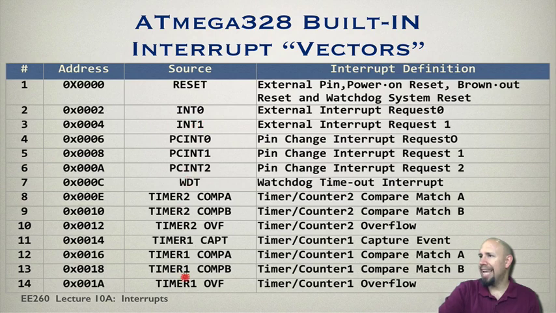So this is kind of their name. For example, timer 2 compare match A, timer 2 compare match B, and so forth. PC interrupt 0, PC interrupt 1, PC interrupt 2, watchdog timer. Here are int 0 and int 1. You can see how closely tied they are to the Arduino IDE.